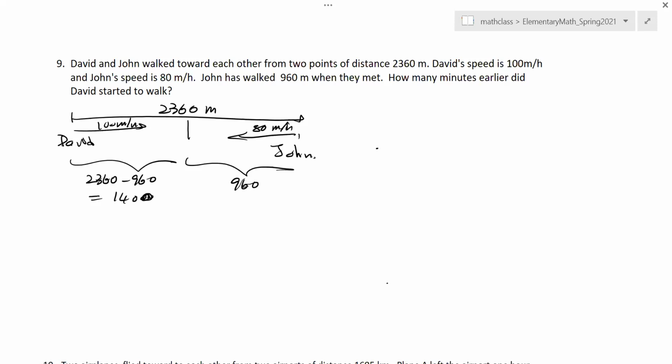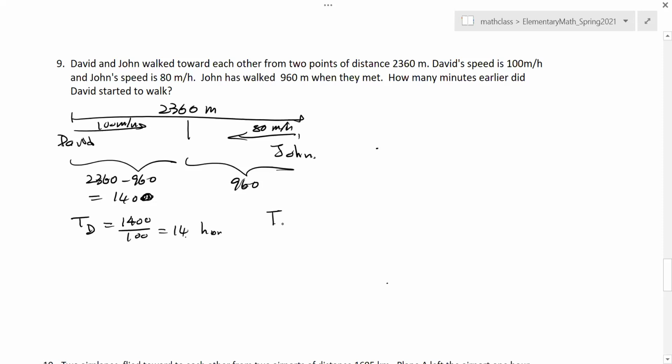Now you can calculate the time. For David, it takes 14 hours, because 1,400 divided by 100 is 14.